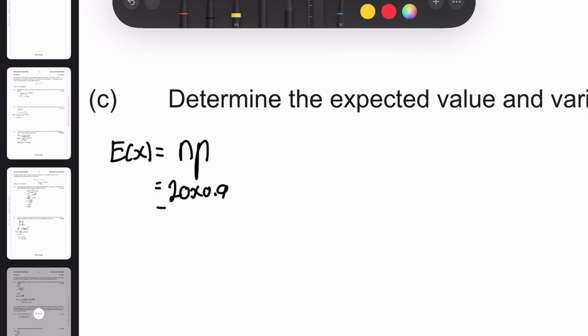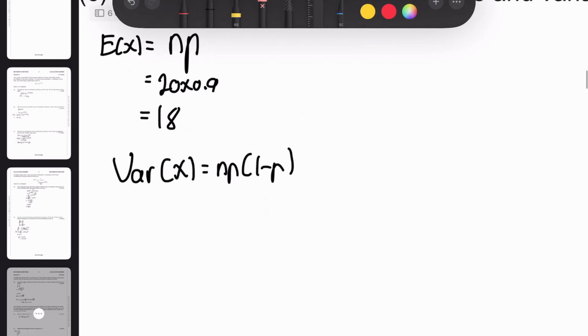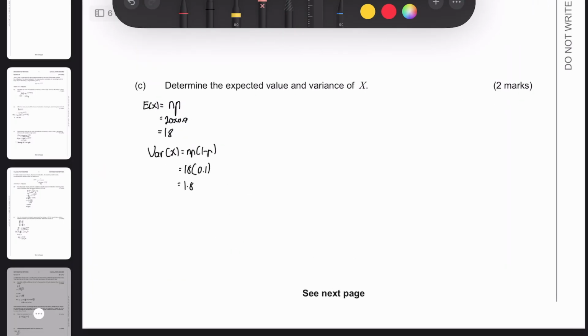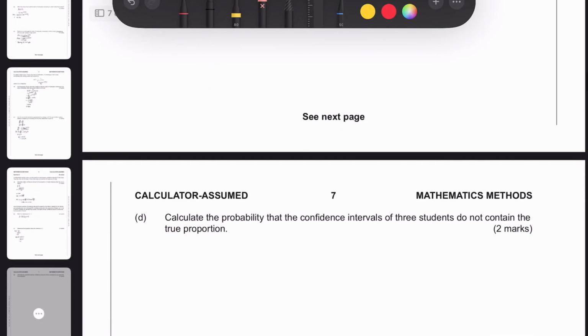This is not very nice. Okay, 18. And variance of x is going to be np(1 minus p), which is going to be 18 times 1 minus 0.9, which is 0.1. So 1.8. Okay, correct.